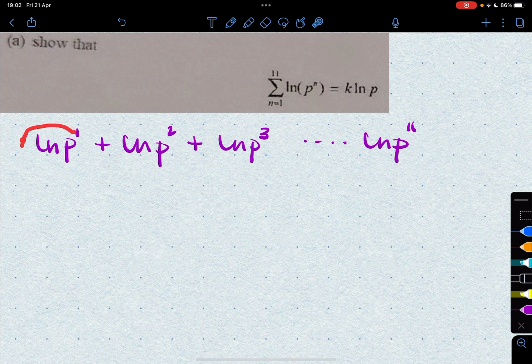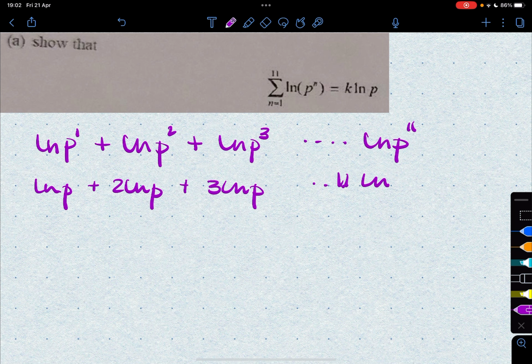And I guess you could then rewrite this with the powers as coefficients. So you've got ln p plus 2 ln p plus 3 ln p, up to 11 ln p. So if you take log p as a common factor, you'll have something like this.